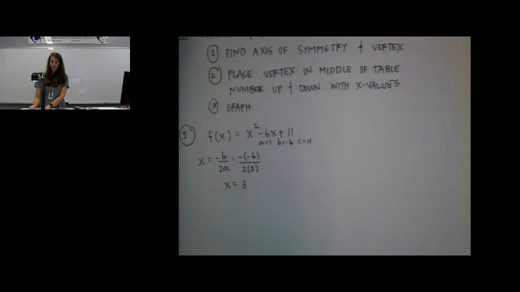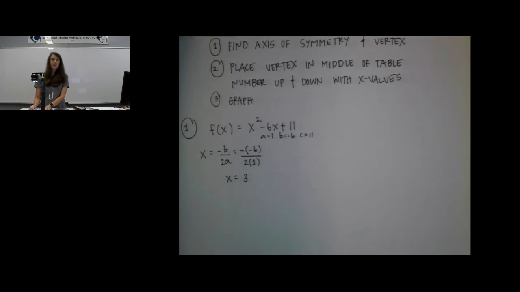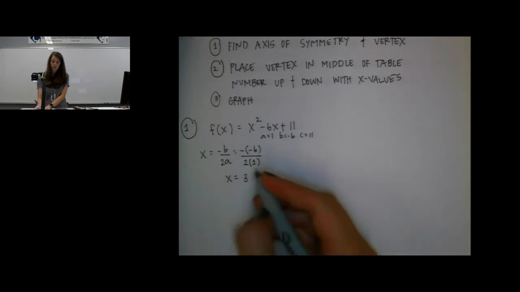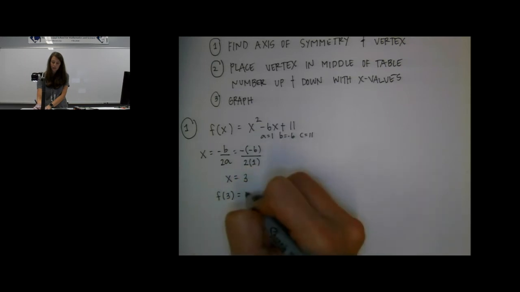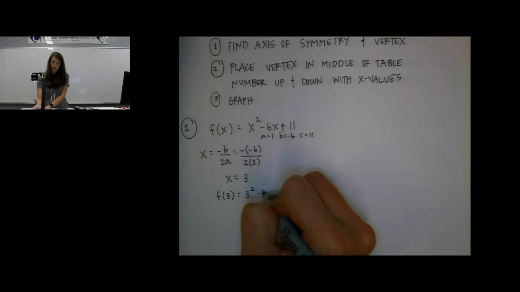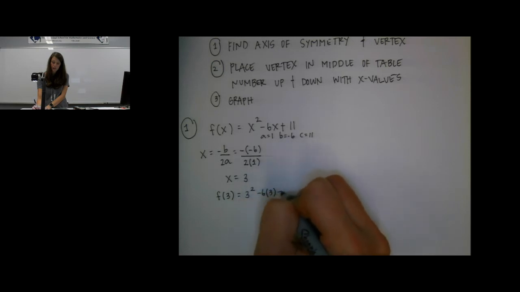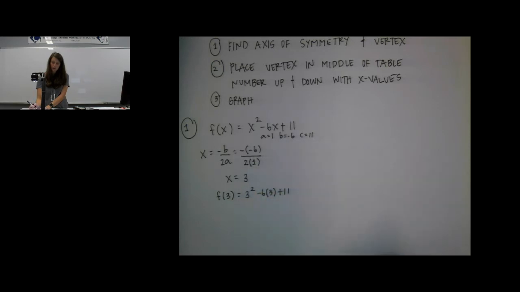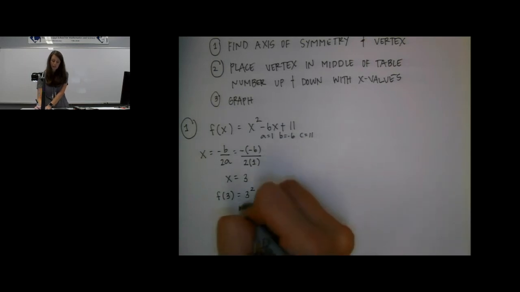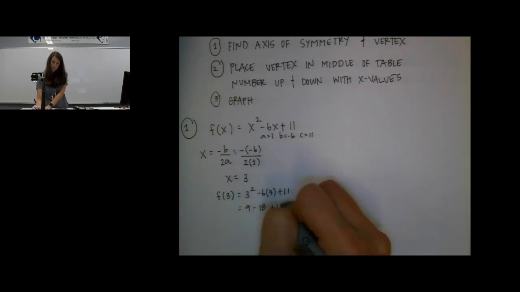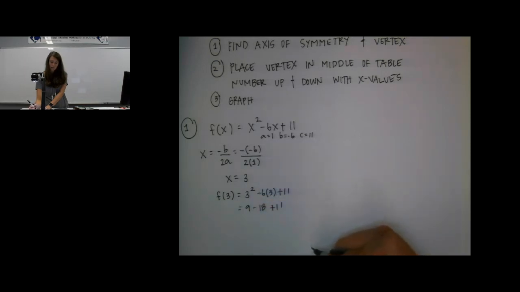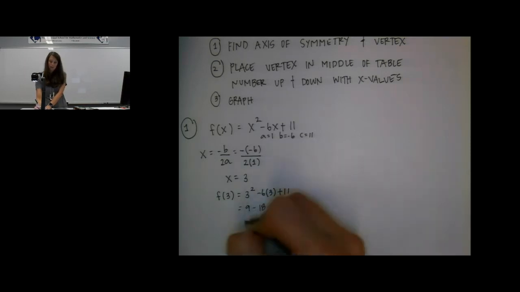Good? So I found the axis of symmetry, so now I need to plug this in to find my vertex, right? So f of 3, so I'm going to have 3 squared minus 6 times 3 plus 11. So that's 9 minus 18 plus 11. So what is that? 9 minus 18 is negative 9. So that is a positive 2.